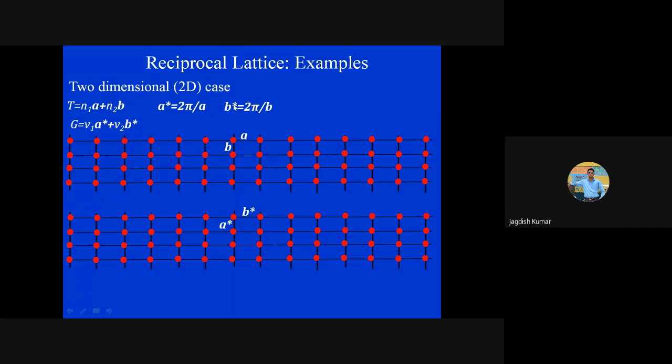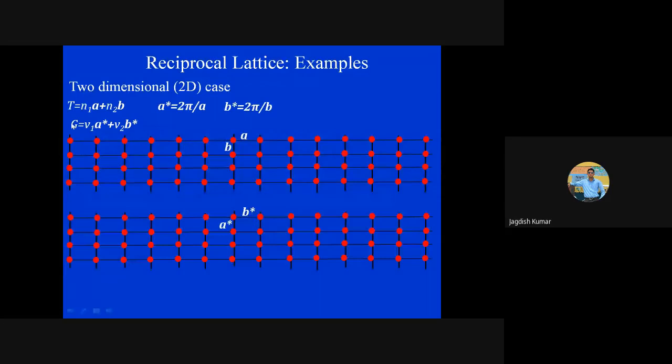Because B star is inversely proportional to B. So the longer axis in real space will be the shorter axis in the reciprocal space, and the shorter axis in the real space will be the longer axis in the reciprocal space. And that is the important point to note here, that this is how we can generate a corresponding reciprocal space lattice from a real space lattice.